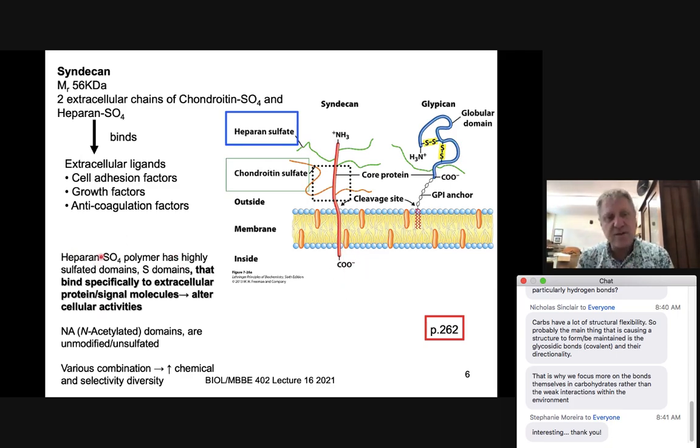Now, the heparan sulfate polymer has these S domains, these sulfur domains, that bind extracellular molecules, including drugs. With that kind of binding, they produce a transductional message through the transformation of the protein structure.